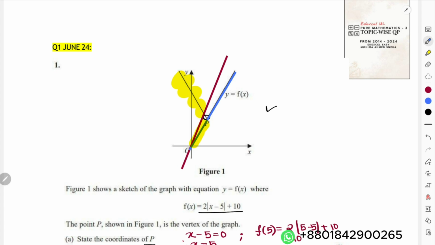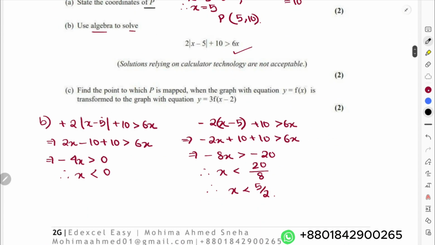Only after this portion got inverted onto this section did you get the point as 5 over 2. So we're only going to accept that 5 over 2 value and not that 0 value here. This is again similar to the question we did in the previous part.